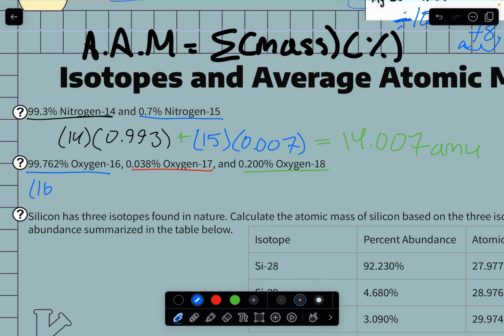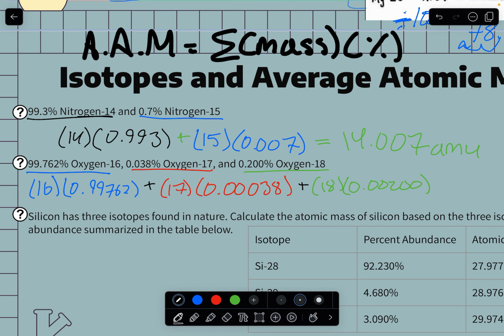The first one, oxygen 16, has a mass of 16 times the percentage changed to a decimal, 0.99762. Then we add our second isotope, oxygen 17, times the percentage as a decimal, 0.00038, plus our third isotope, which has a mass of 18 times 0.200.